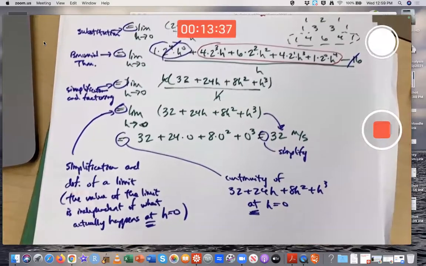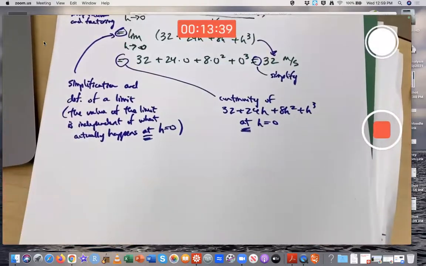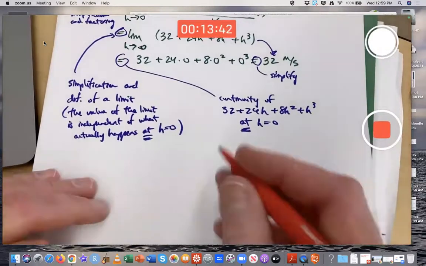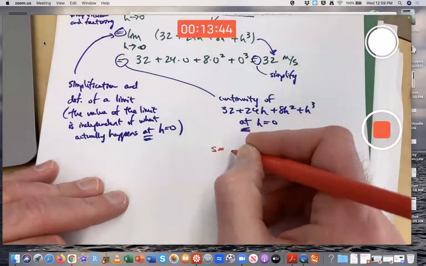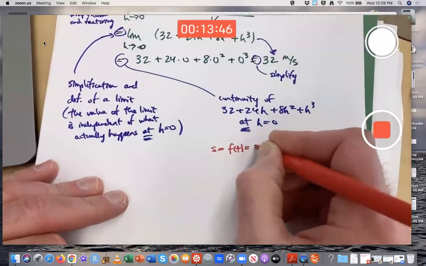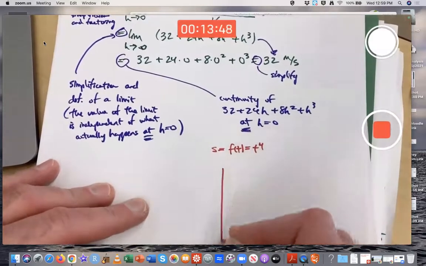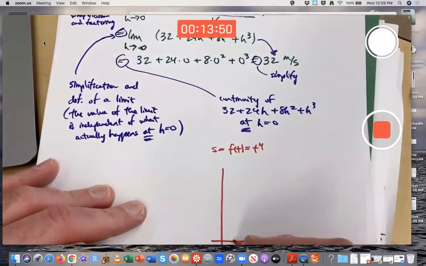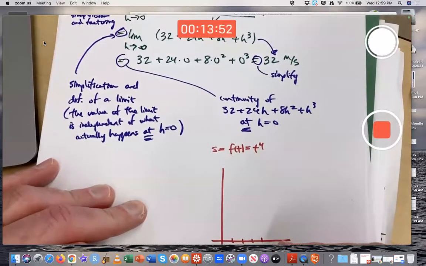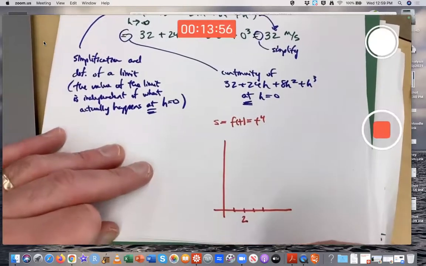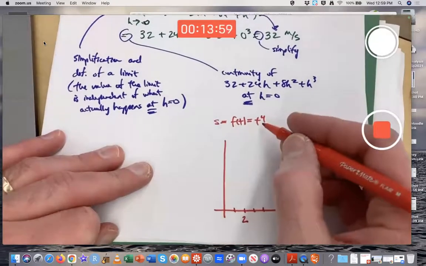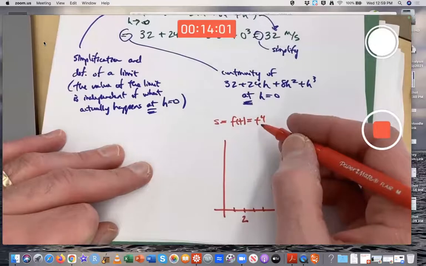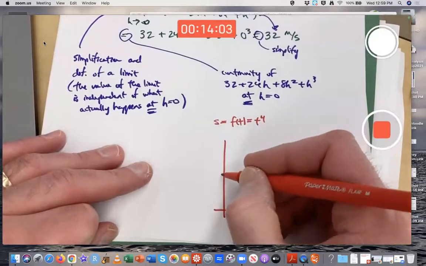You should be able to interpret this geometrically. So again, our function is s equals f of t equals t to the 4th. We're talking about the derivative at t equals 2. The function value at t equals 2 is 2 to the 4th, which is 16.